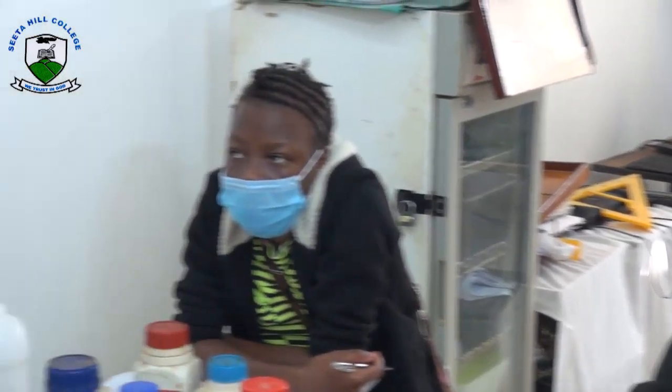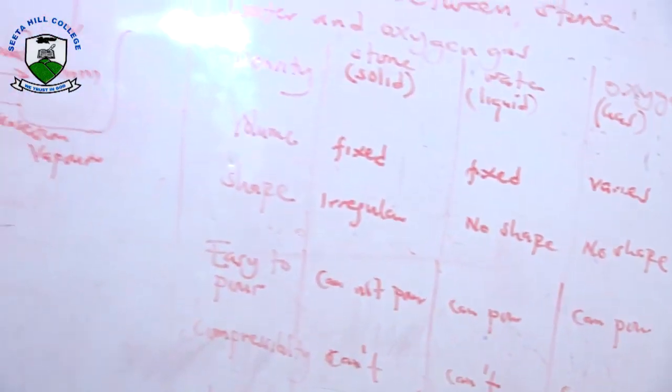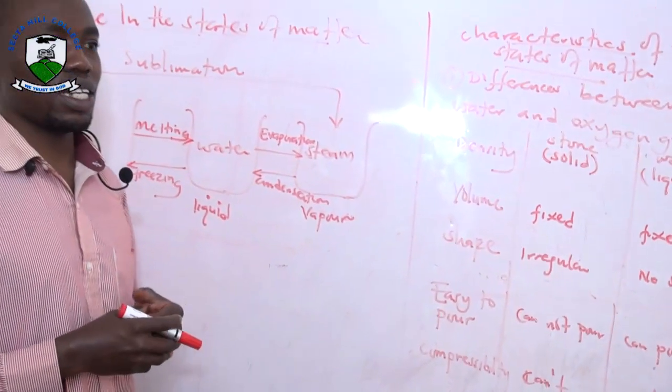All the motion reduces. Oh, thank you very much. That when energy is lost, then there is a reduction in speed. So particles come to rest and settle close to each other.